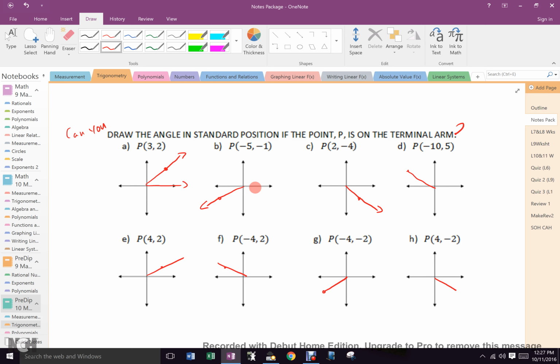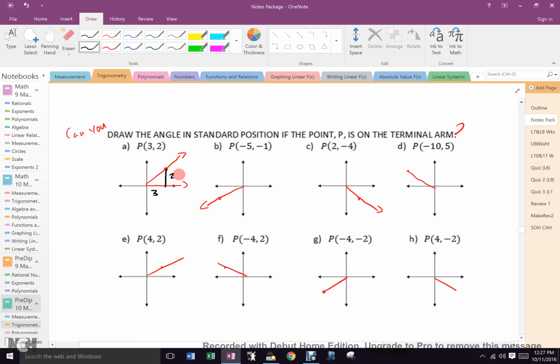What do you now have here? What have you made? An angle. What can you add to this to do some trig now? Make it a triangle. And what do you have here? How far is this? 3. What's this? 2.